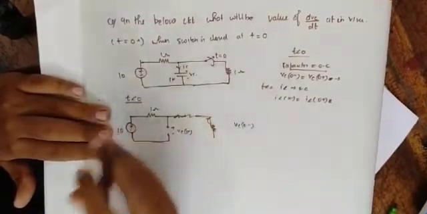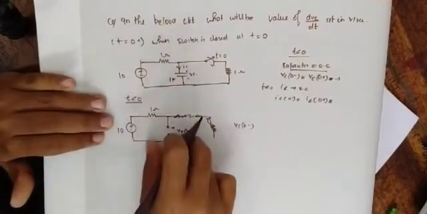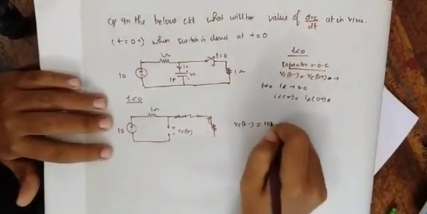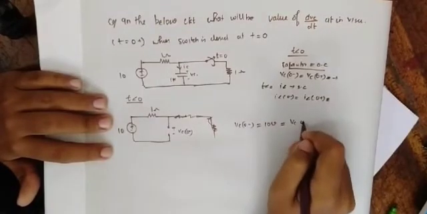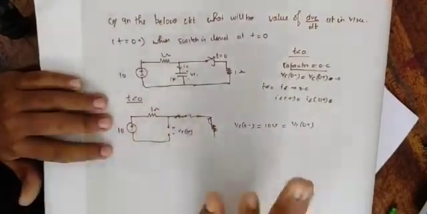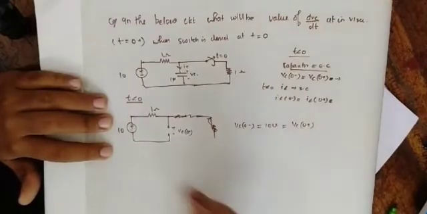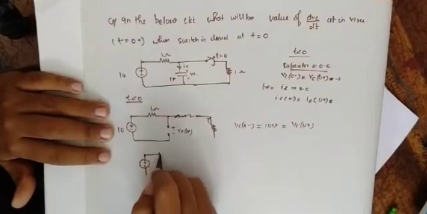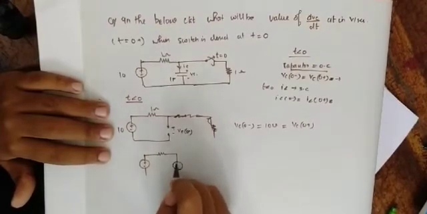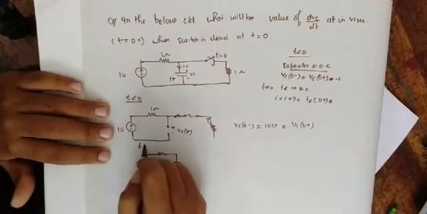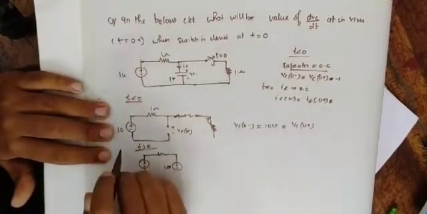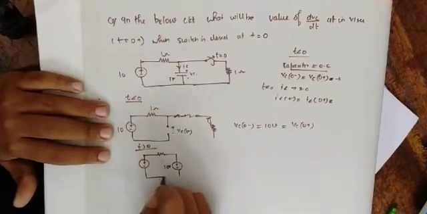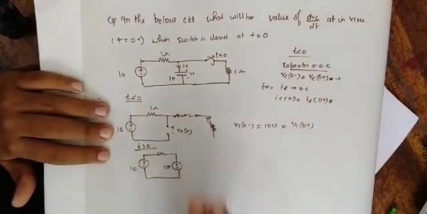What is Vc of 0 minus? The whole 10 volt will be dropping across our open circuit, so it will be 10 volt. So Vc of 0 plus, after the switch is closed also, will be 10 volt itself. If I am drawing the circuit after t greater than 0, that means after our switch is closed, the capacitor will now act as a voltage source, because the capacitor voltage will not change suddenly.